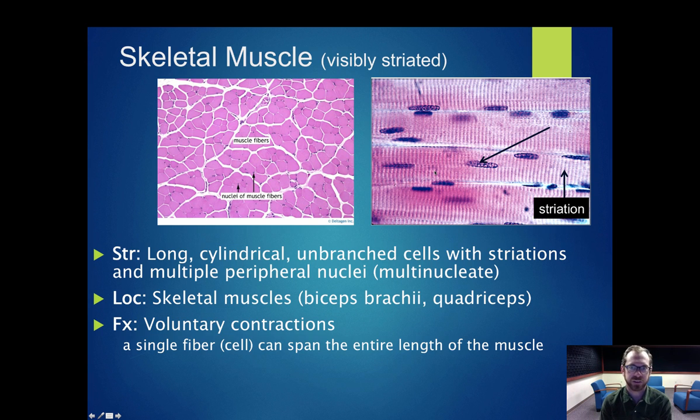Now we're moving into skeletal muscle. Skeletal muscle is made up of long, cylindrical, unbranched cells with striations and multiple peripheral nuclei. We call that multinucleate. The location is skeletal muscle, so biceps brachii, quadriceps, pretty much any muscle that you, in order to use it, you have to think about using it.